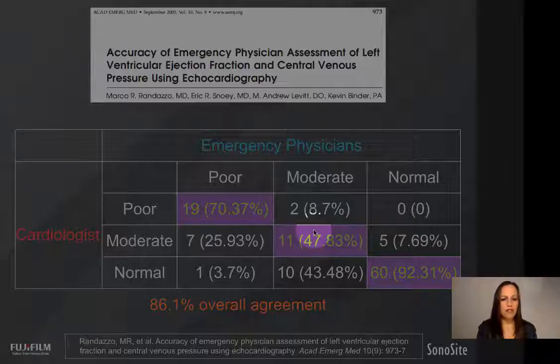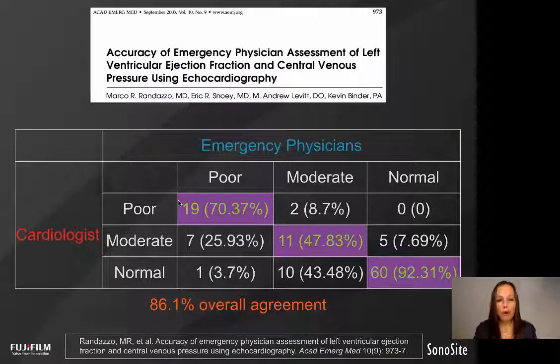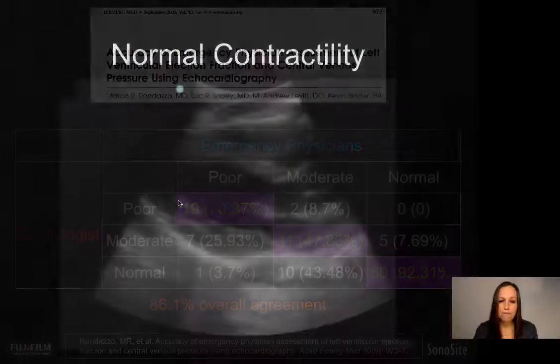The emergency physicians and the cardiologists didn't agree as much, but there's much more agreement with normal and extremely poor contractility. And that's actually very important for our purposes. We really care much more about normal versus severe dysfunction. If there's just very subtle dysfunction, it's not as clinically important in these situations of shock.